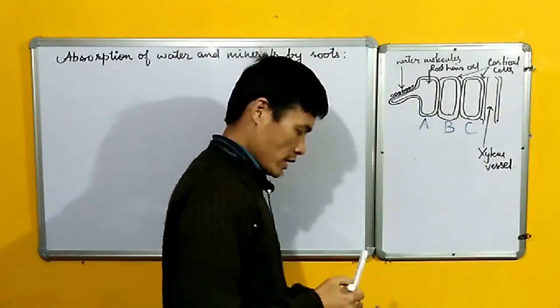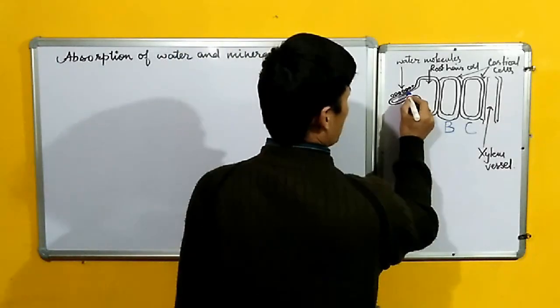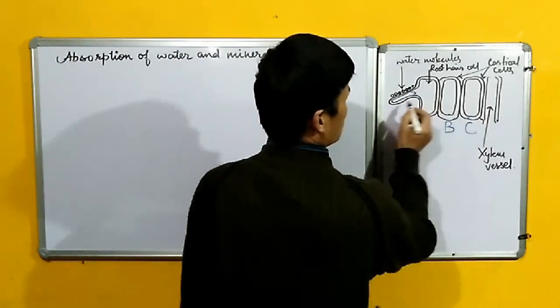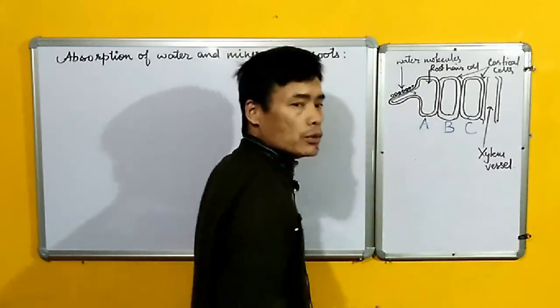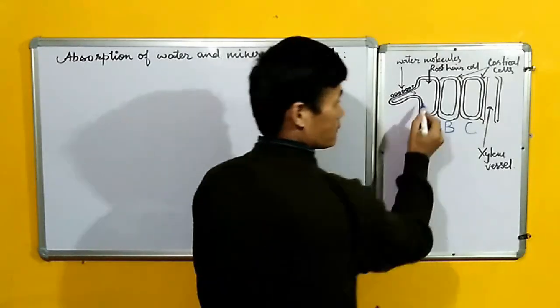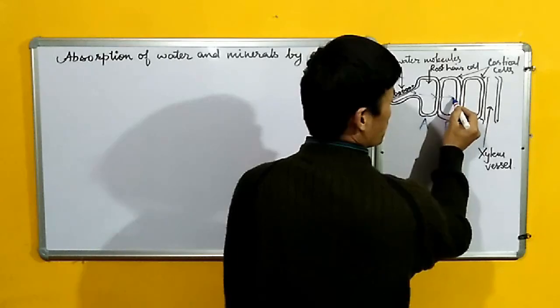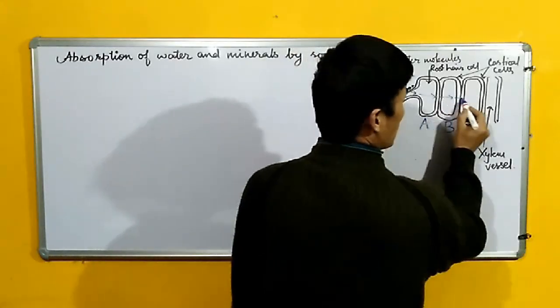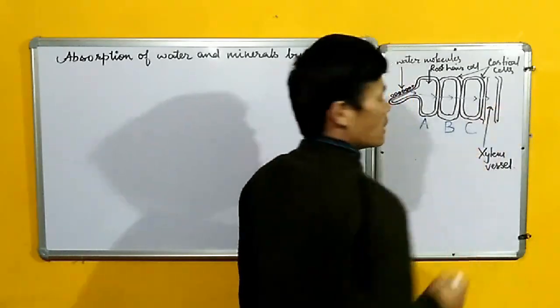So the movement of the water, by now we know, will be from the soil into the root hair cell, and from the root hair cell into the cortical cell, and then ultimately from the cortical cell into the xylem.